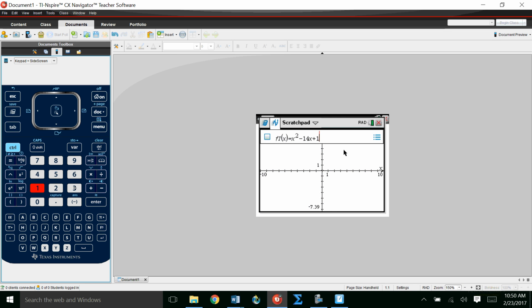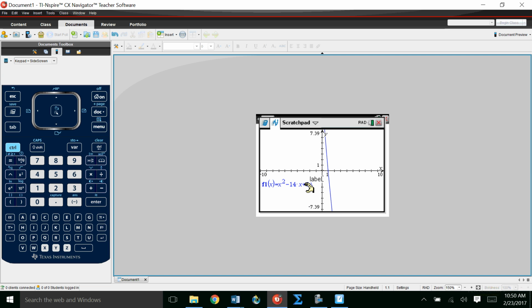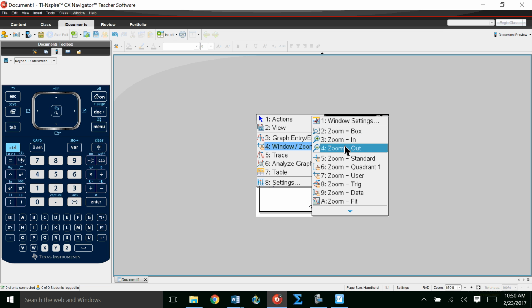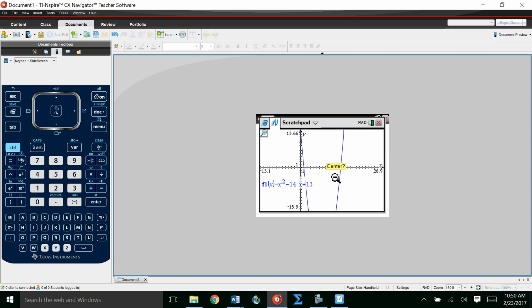Don't worry about the equals 0 or anything, it's equal to y. And you can see this is really stretched out, so I'm going to zoom out actually. And there we go. So I can see the roots.